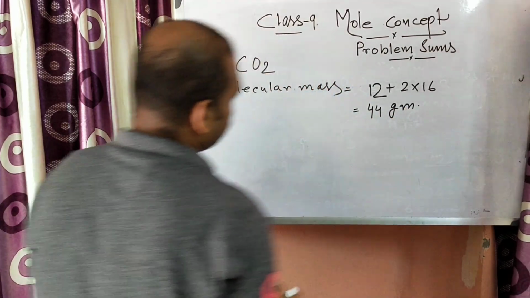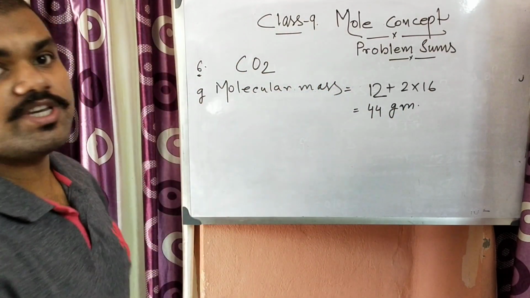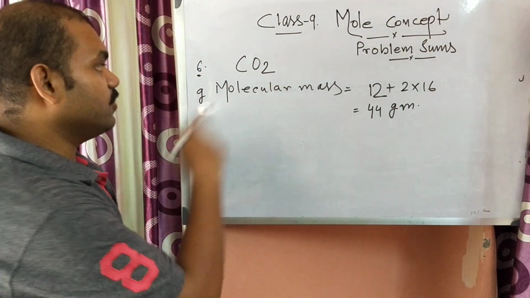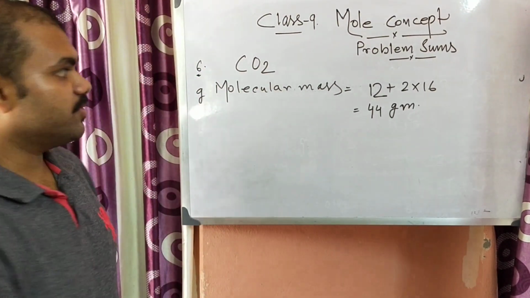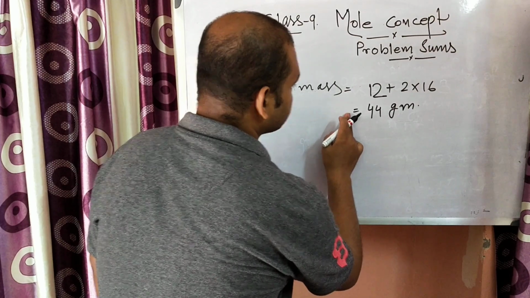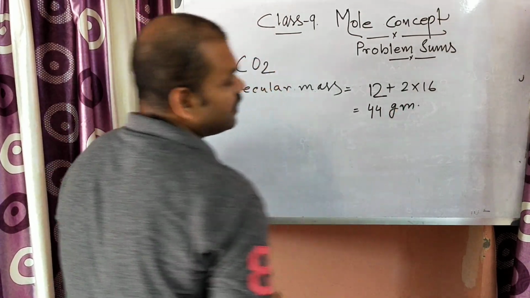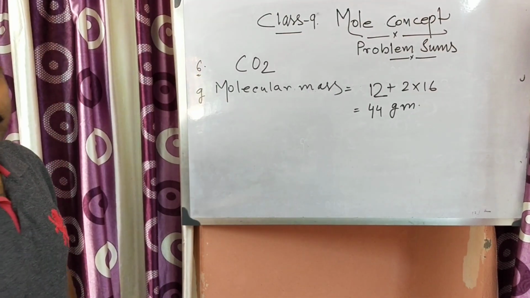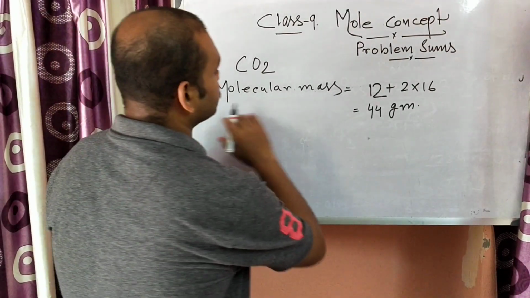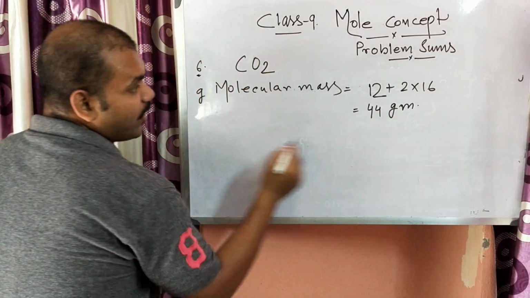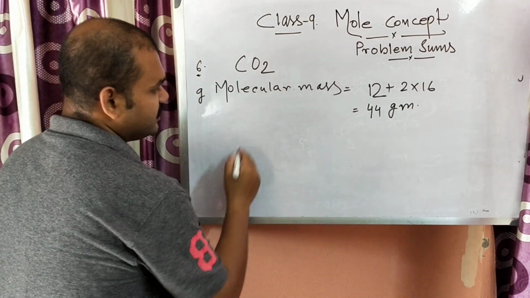So first we need to find out the molecules, because it is easier, since we have the gram molecular mass. In this gram molecular mass, how many molecules are there? 6.022 into 10 to the power 23.